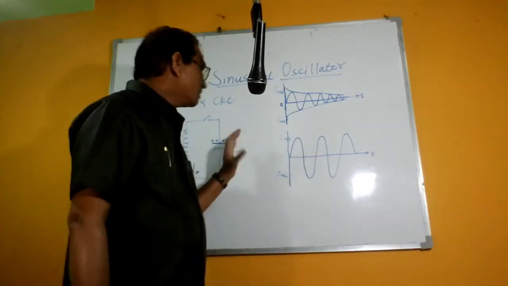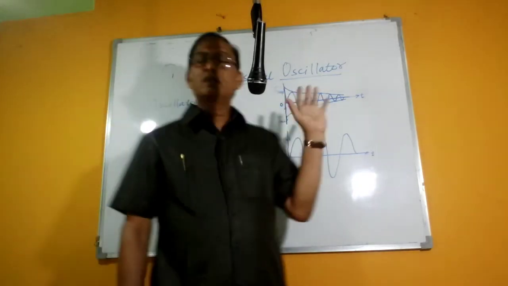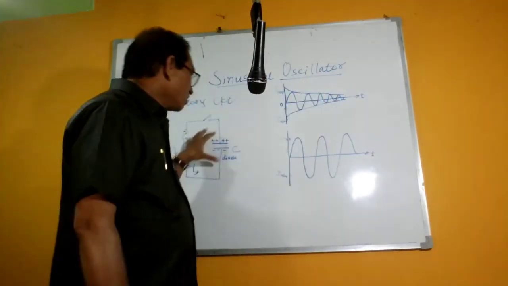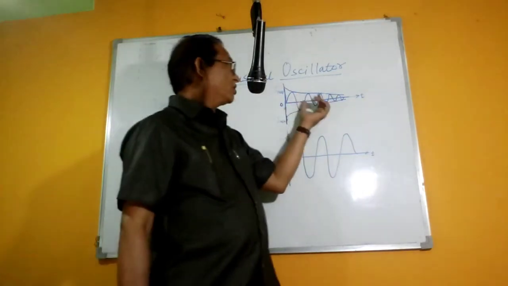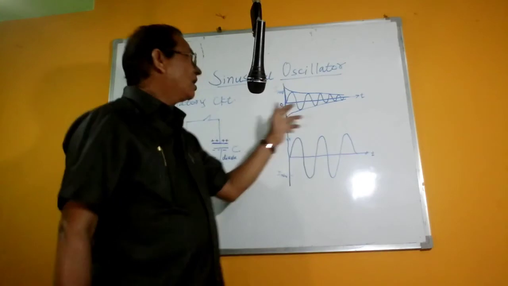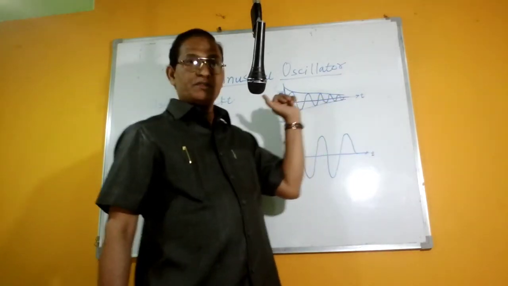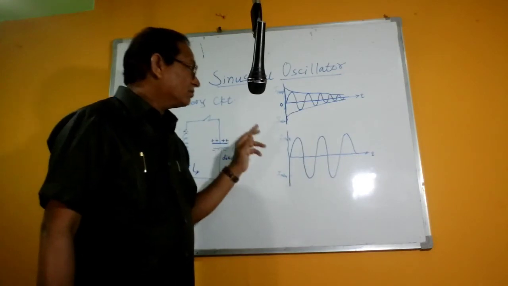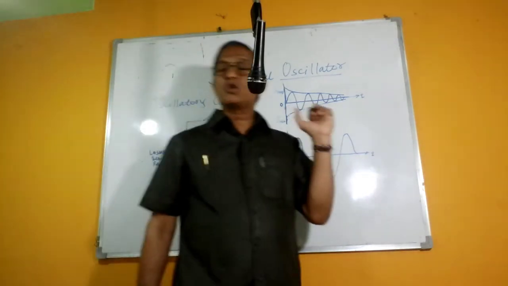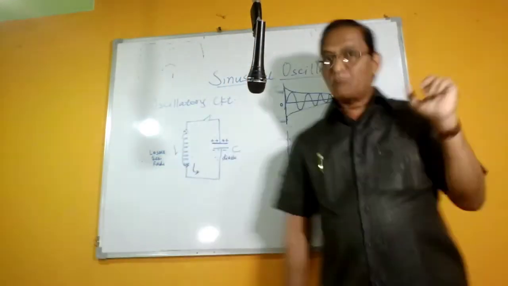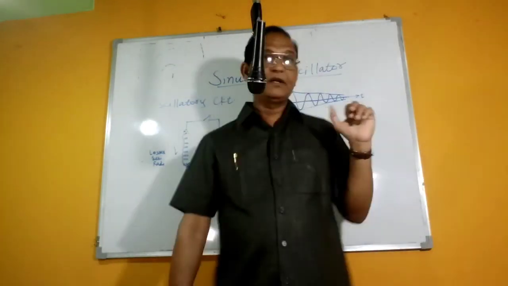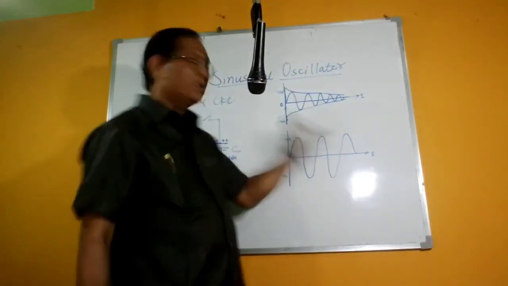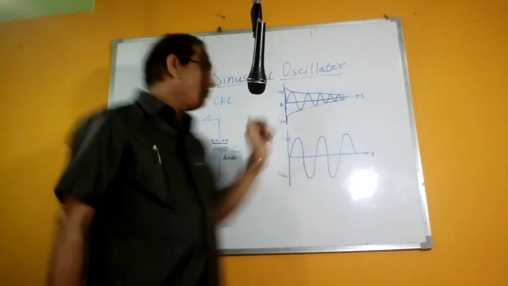Because of these losses, the oscillations we get in the tank circuit are damped oscillations. But to operate electronic equipment properly, we need the oscillations to be undamped.